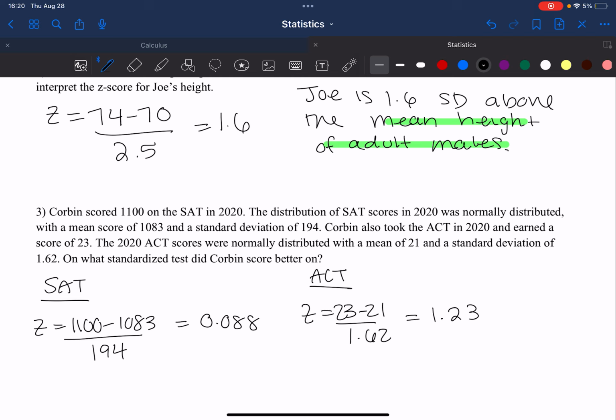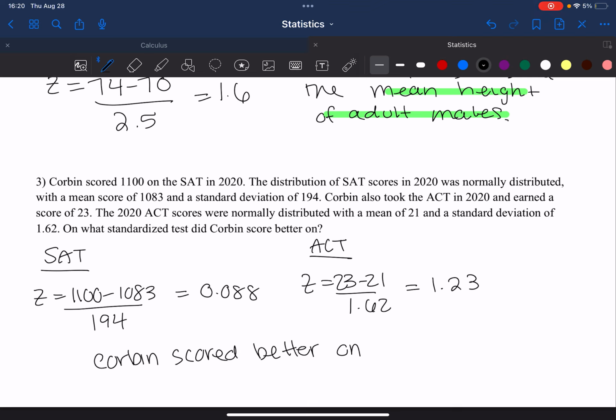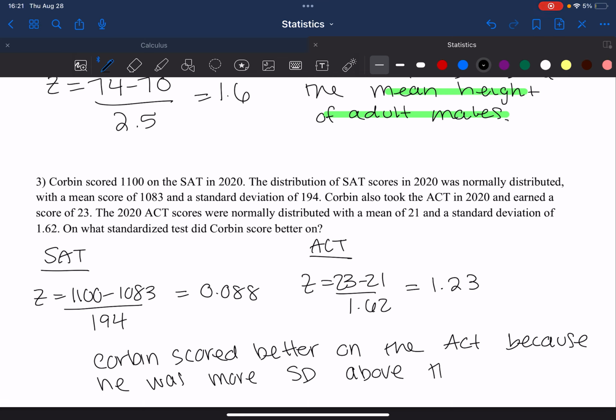Not his score to start with, not his 23 versus his 1100, but his 23 compared to the mean of the test takers who took the same test of 21 versus the mean of the same test takers who took the SAT at 1083 means he did better. Okay, because I know there was some confusion over that in class. So we would say Corbin scored better on the ACT because he was more standard deviations above the mean.